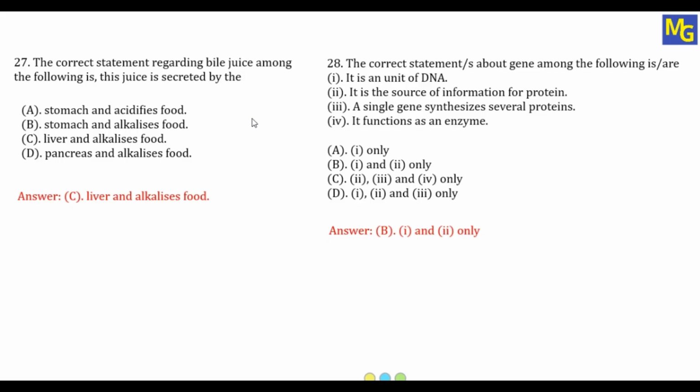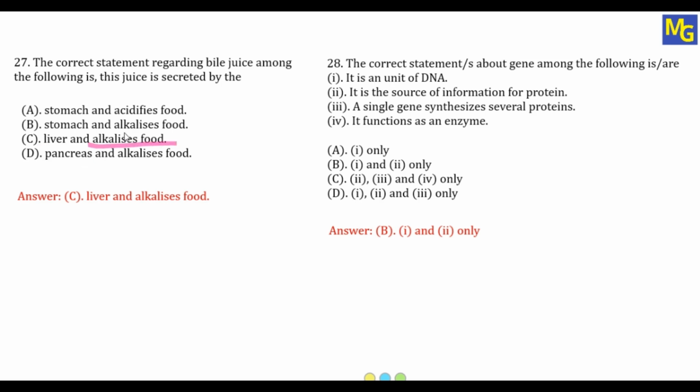Once the food enters the stomach, the gastric gland secretes its juice. When the food enters the intestine, in between there are the liver and pancreas. The liver secretes the juice called bile juice. Once it is secreted by the liver, it gets mixed into the food coming from the stomach, and it alkalizes the food.